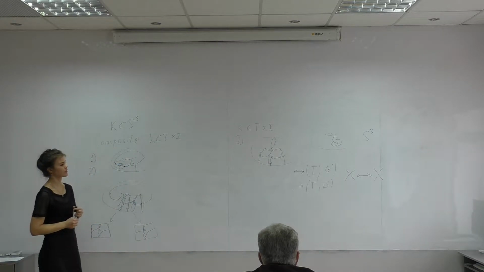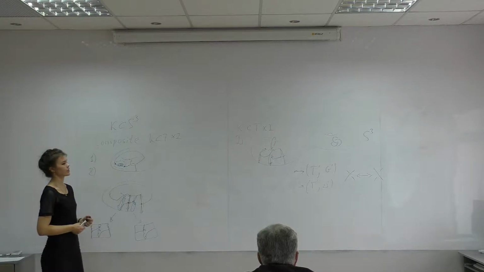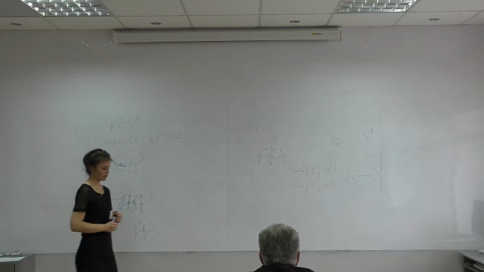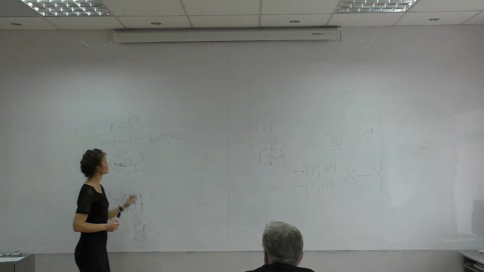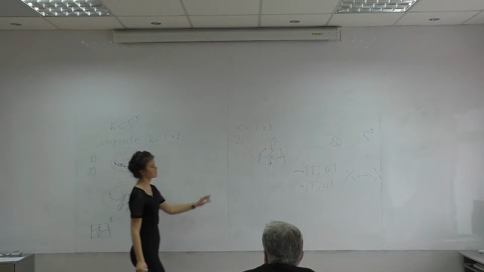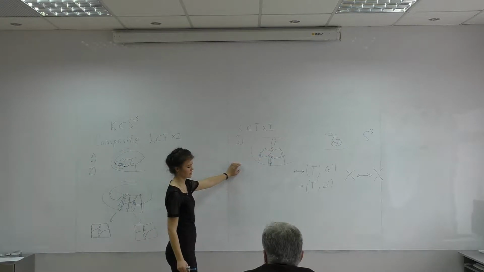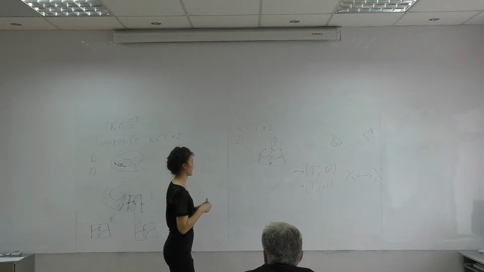It is just a classical knot and we are not interested in it because such knots are composite. So, knots which are not composite and admit no destabilizations we call prime.